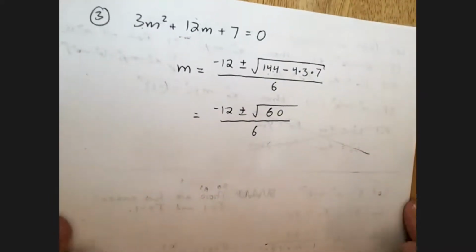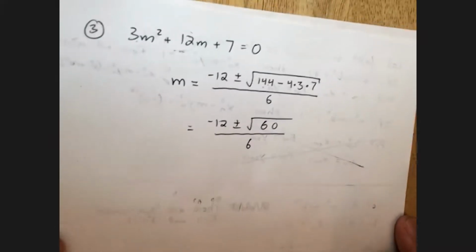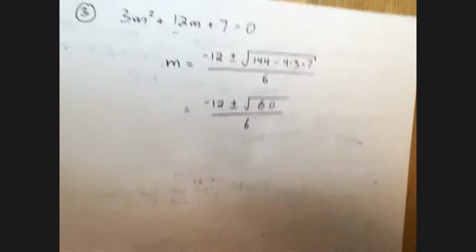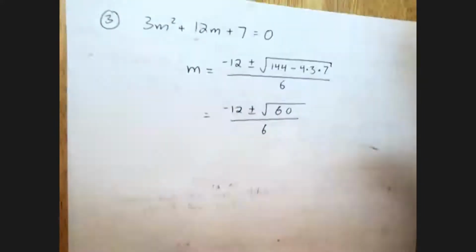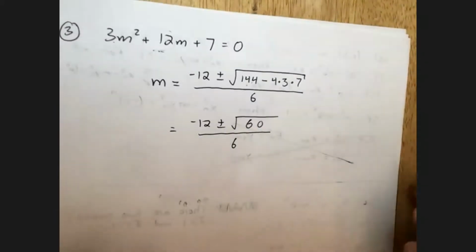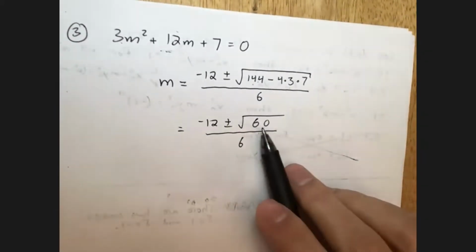So, okay. Unfortunately, unlike the last problems, 60 isn't a perfect square. So it's not going to come out as nice as before, but it is something we can simplify.